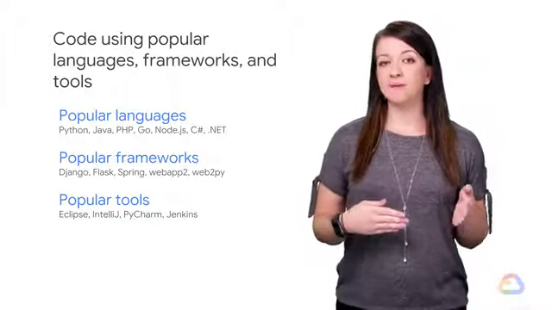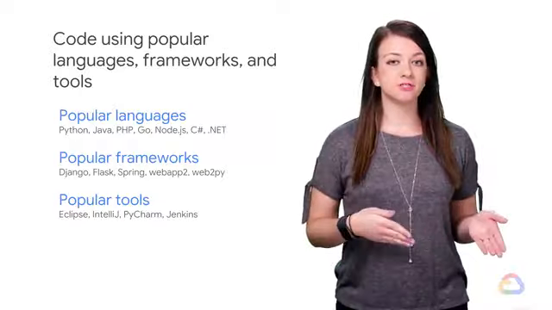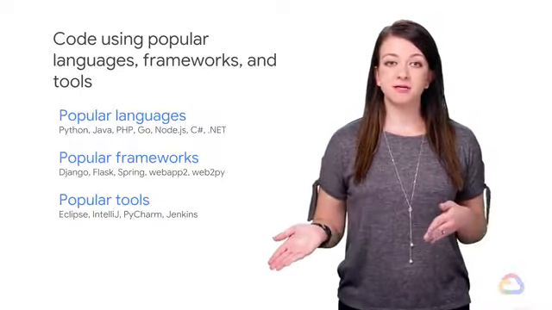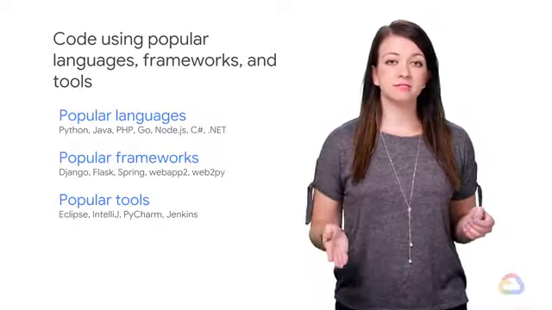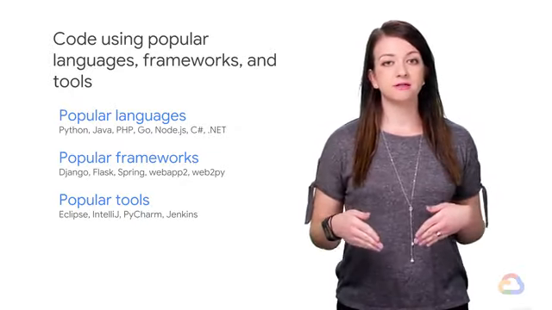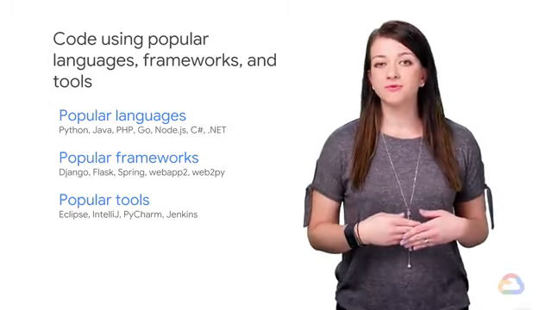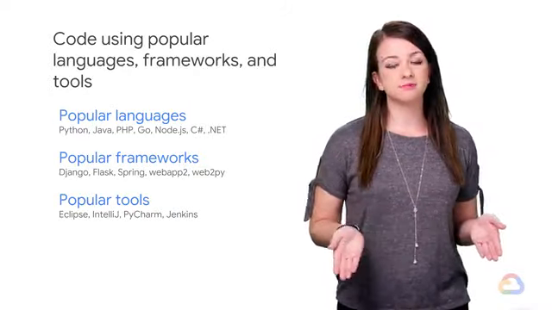One great feature of App Engine is that you can quickly build and deploy applications using popular languages, including Java, PHP, Node.js, Python, C#, .NET, Ruby, and Go, and frameworks including Django, Flask, and Spring. You can also bring your own language runtime and frameworks in a custom environment.